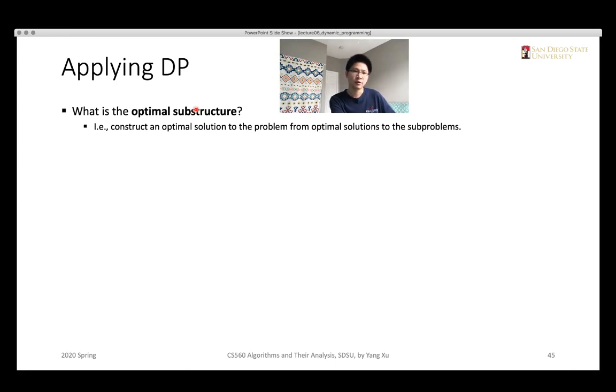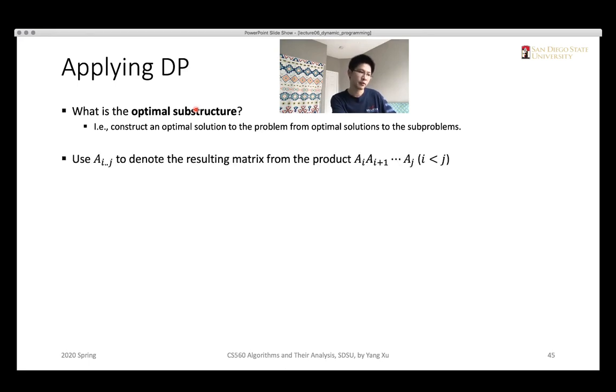That is to say, we can get an optimal solution by having the optimal solutions to the subproblems. So now let's look at whether we can do this composition. Actually, we already showed some hints of doing so in the previous slides.